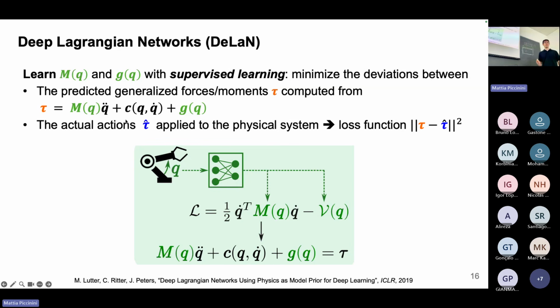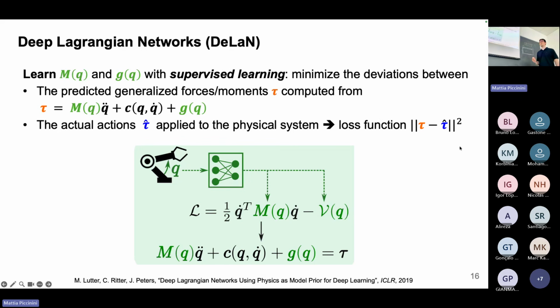But then we also have the measured tau, okay? So we also have the measured actions applied to the robot, because maybe we have collected some data with the robot. And so in this way, the loss function is the norm squared of tau minus tau hat. And so this is supervised learning.